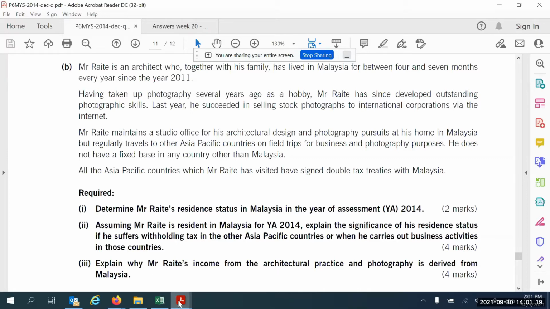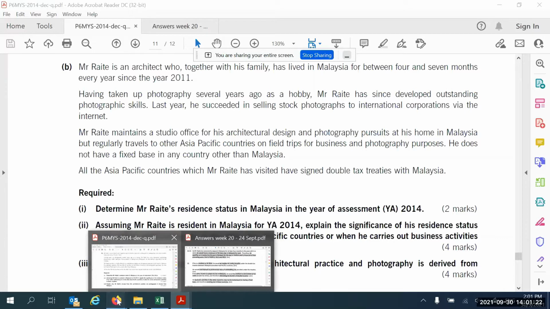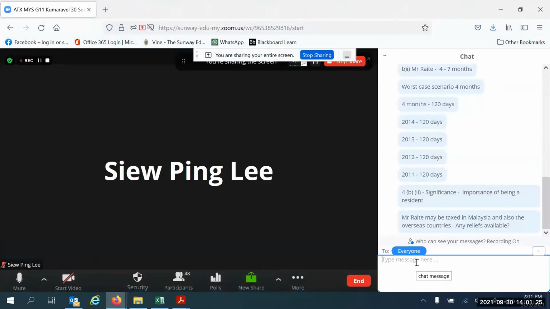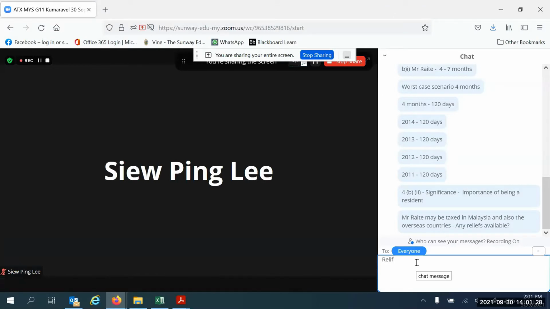When we look at the reliefs, DTA is double taxation agreement reliefs available to those who are resident in their country.